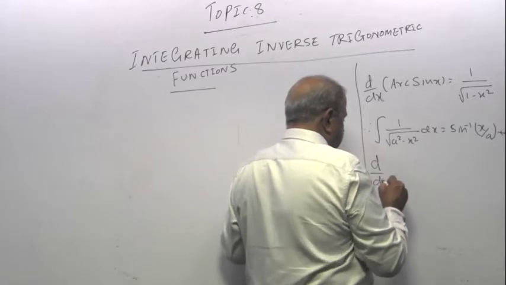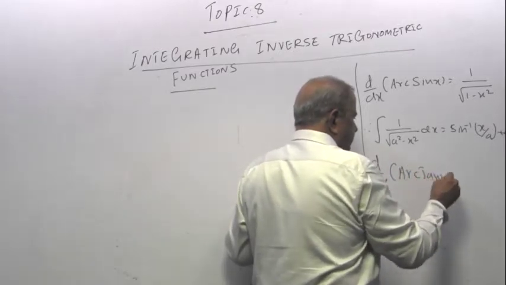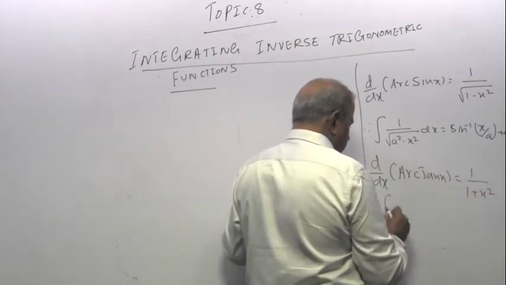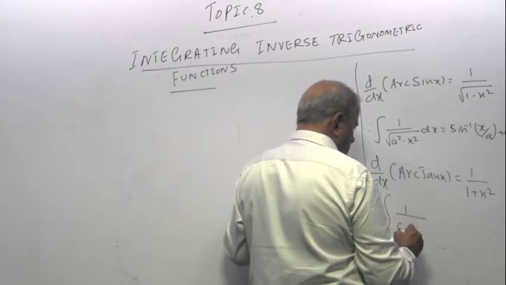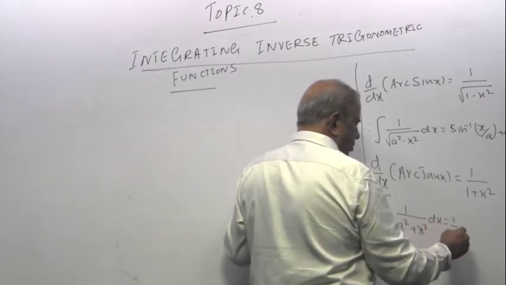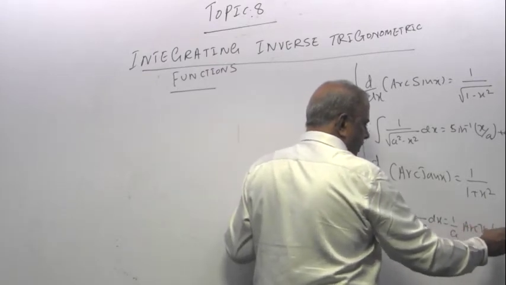Similarly, d by dx of arc tan x equals 1 over 1 plus x squared. So the integral of 1 over a squared plus x squared dx is 1 over a arc tan x over a.